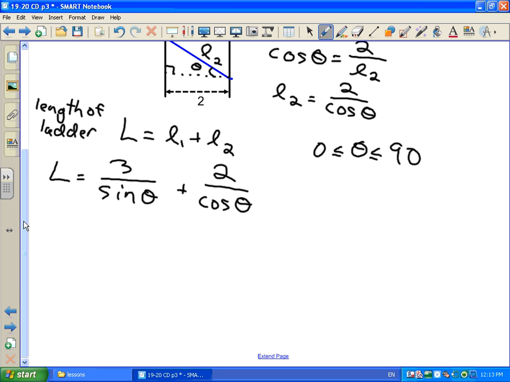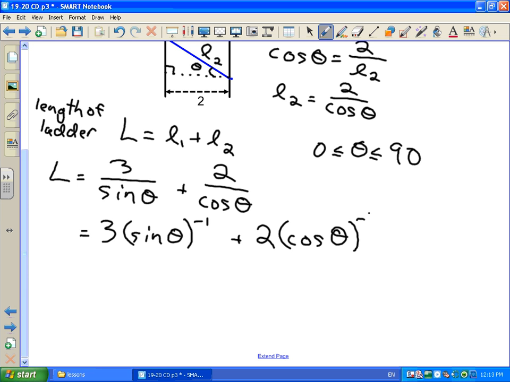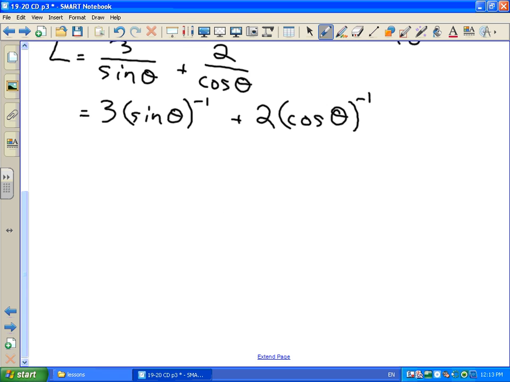So if I'm going to leave them as sine and cos, I'm going to rewrite this as 3 sine theta to the -1 plus 2 cos theta all to the -1. And then I'm going to take my derivative.